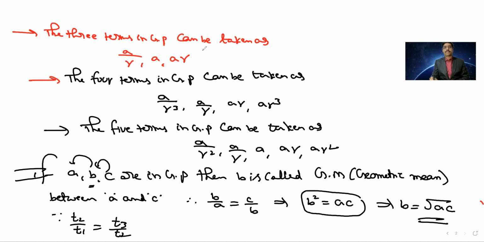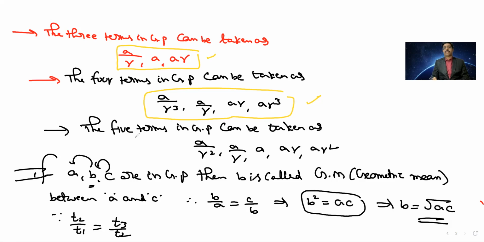Three terms of GP can be taken as A by R, A, AR. Four terms of GP can be taken as A by R cube, A by R, AR, AR cube, where the common ratio is R square.